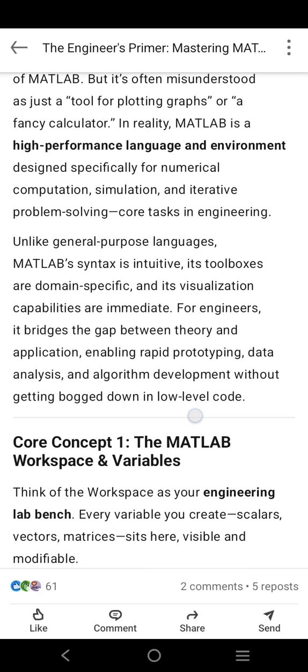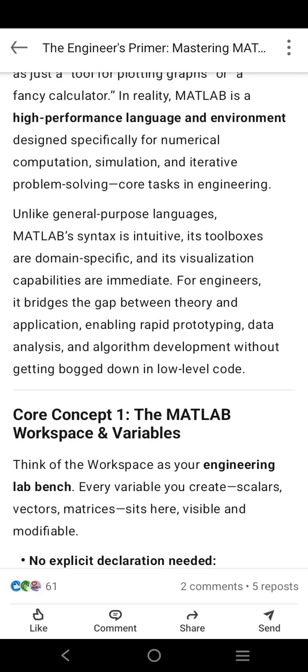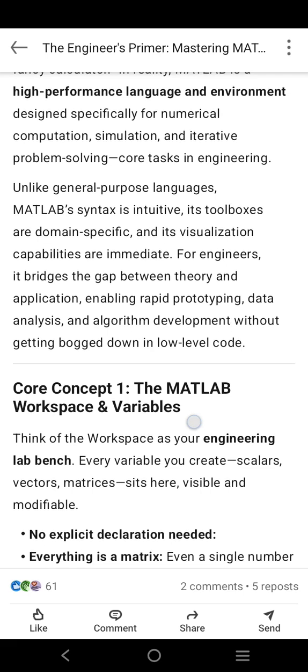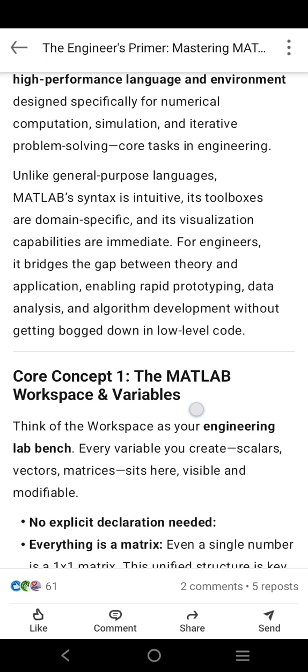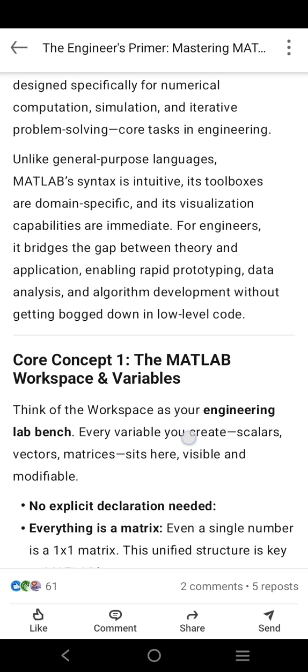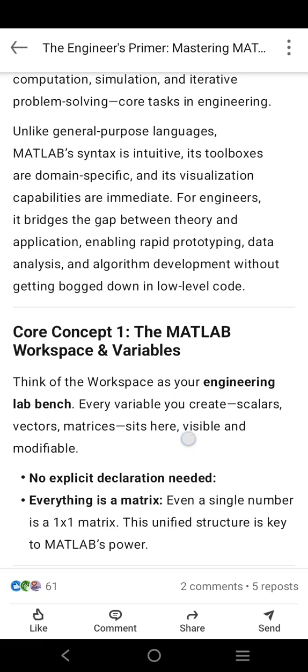Unlike general purpose languages, MATLAB syntax is intuitive, its toolboxes are domain specific, and its visualization capabilities are immediate. For engineers, it bridges the gap between theory and application, which enables rapid prototyping, data analysis, and algorithm development without getting bogged down in low level code.